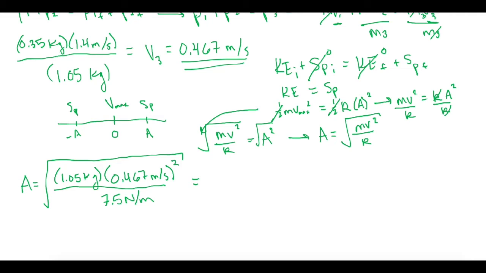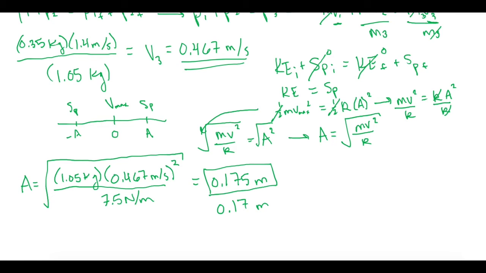So we get an A value of 0.175 meters. I think I might have had some rounding stuff in my calculator, because Mastering Physics rounded it for me to 0.17 meters, but whatever. So 0.175 meters is the amplitude.